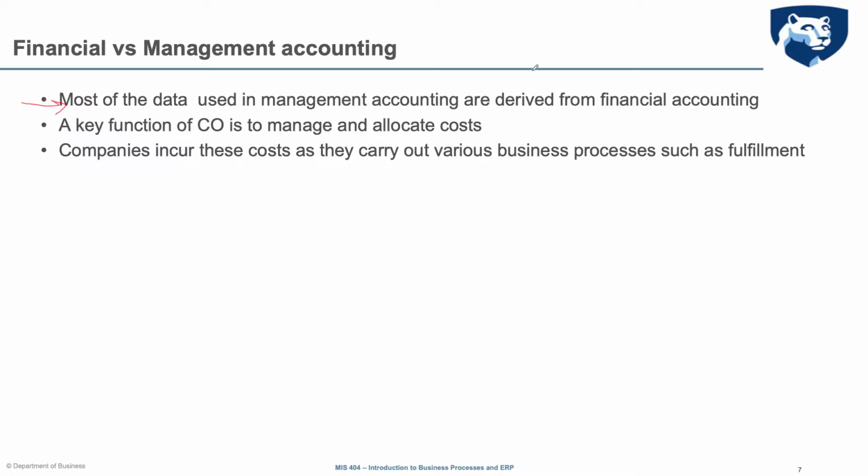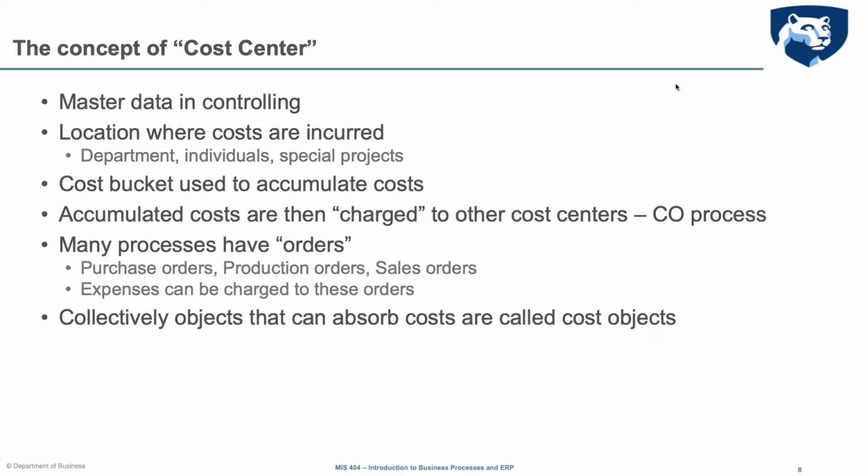For the purpose of this course, we won't deal with this, but we will just deal with financial accounting, with external report generation. Just a concept that is worth remembering is the concept of cost center.